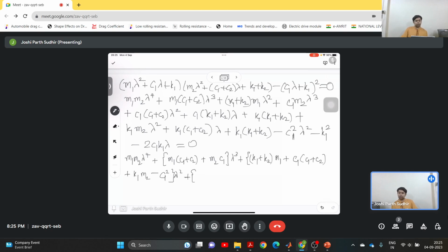And then let us collect the terms which have the coefficients of the lambda.